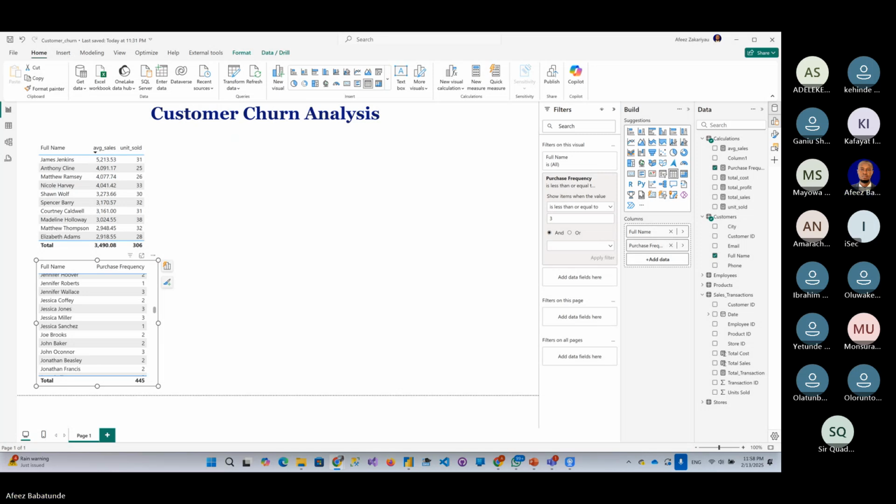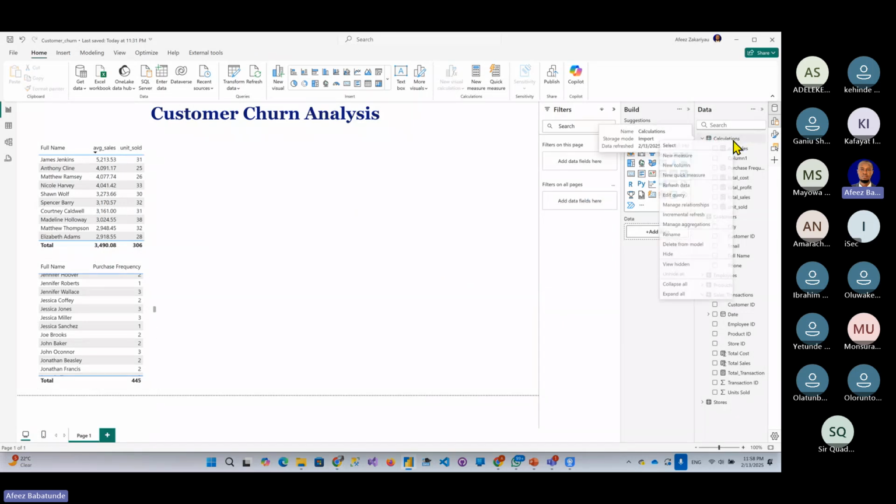So how can we achieve this? We can do a bundle count. Let's try to create a product bundle calculation.